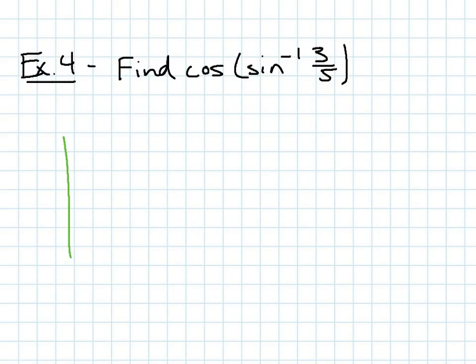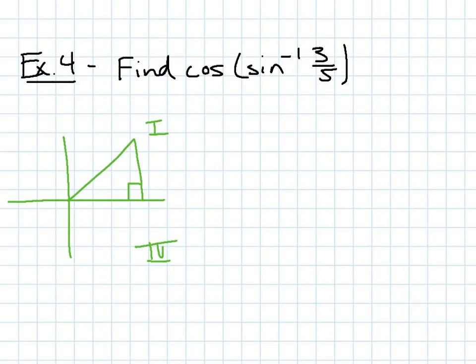So let's draw a reference triangle to help us figure this out. The inverse sine of 3/5 is a ratio of something that may be on the unit circle. Now sine is restricted to the first and the fourth quadrants, and the ratio you're given is positive, so the triangle you would draw would be in the first quadrant, because that's where sine is positive.